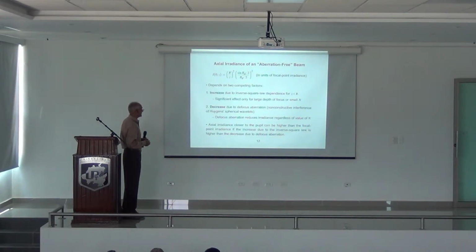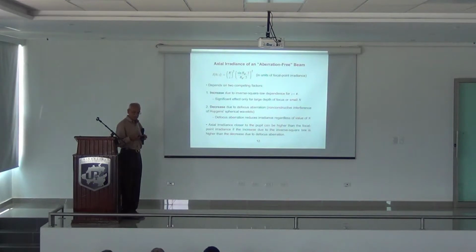Meaning, defocus aberration reduces the irradiance regardless of the value of N. Aberration will only reduce. So, axial irradiance closer to the pupil can be higher than the focal point irradiance if the increase due to inverse square law is larger than the decrease due to the defocus aberration. I hope that is clear.